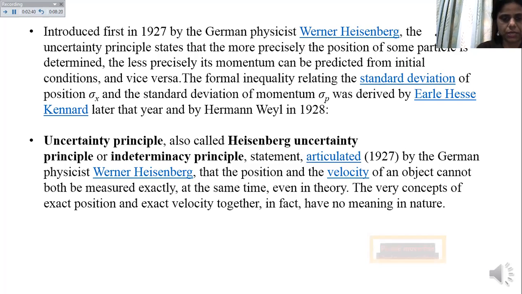So it states that position and velocity cannot both be accurately determined at the same time, even in theory. Practically, it is quite difficult, but the same is the case in theory. The very concepts of exact position and exact velocity together, in fact, have no meaning in nature.